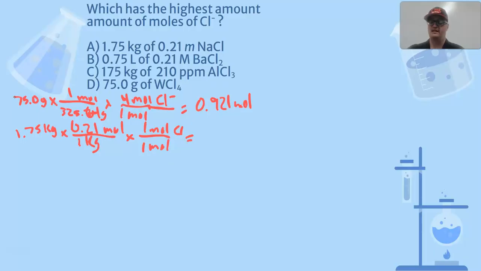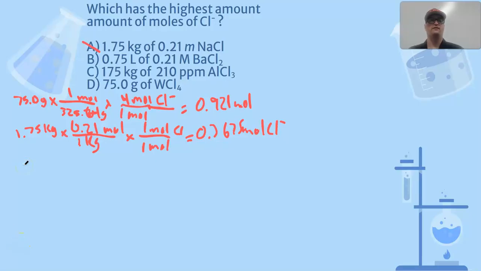So again, multiplying that out, 1.75 times 0.21, I can see that I get 0.3675 moles of chloride ion. So far, that one's not good, so I'll just cross it off and continue on with the next one.